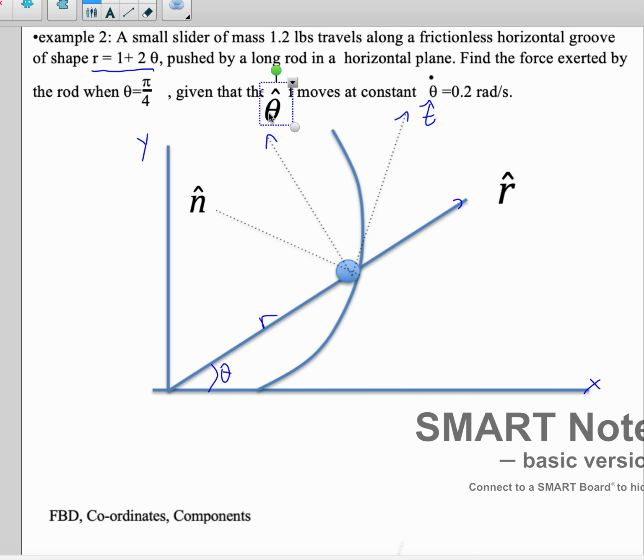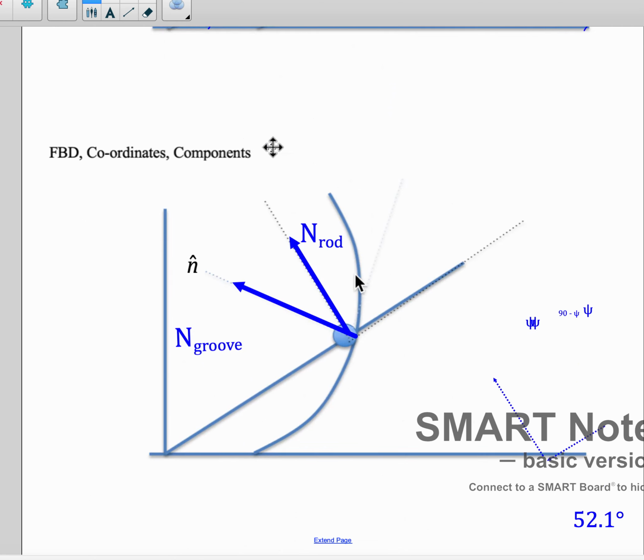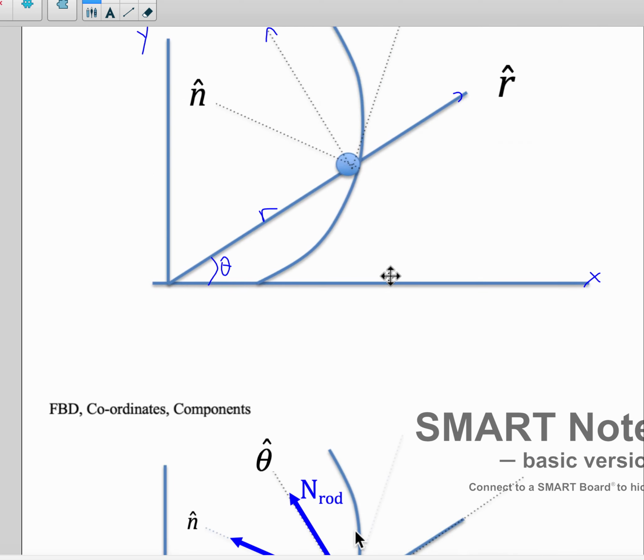For the normal force from the rod, it's easy because it's purely in the theta hat direction. But the normal force from the track or from the groove, you can see, is in the n hat direction. We will have to resolve that into components in r hat and theta hat.